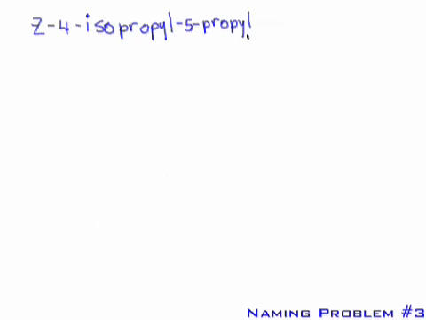Let's look at this structure, the name of which is provided, Z, 4, isopropyl, 5 propyl, 4, well actually oct, 4, well it looks like the name you were given was the other way, so I'll write it this way it was given. 4 octene 2,7-dione.